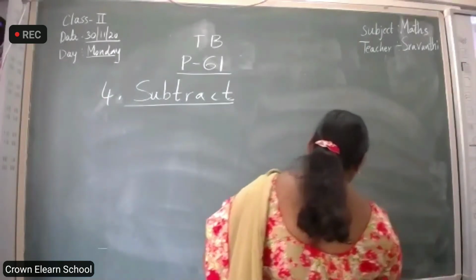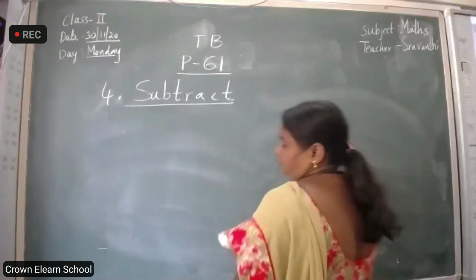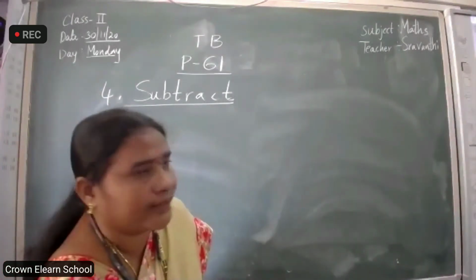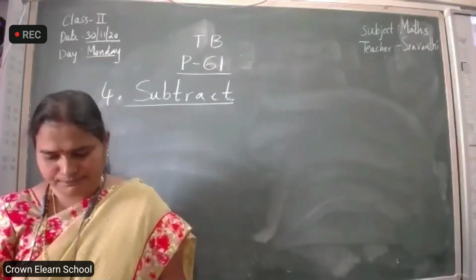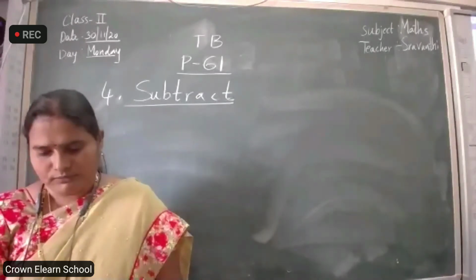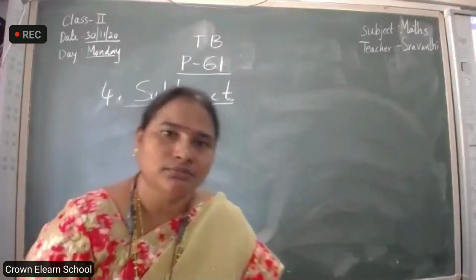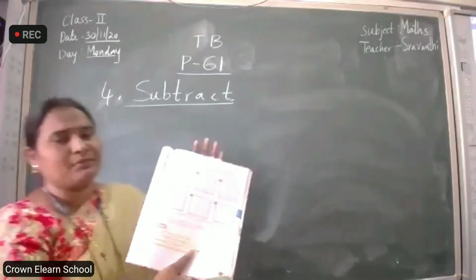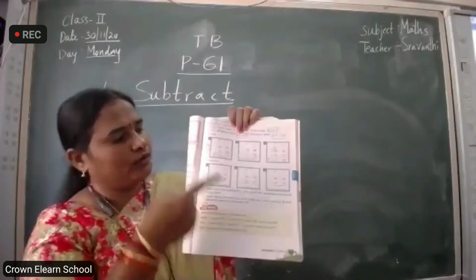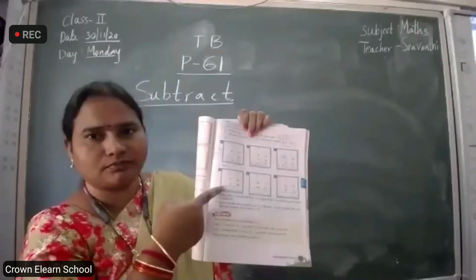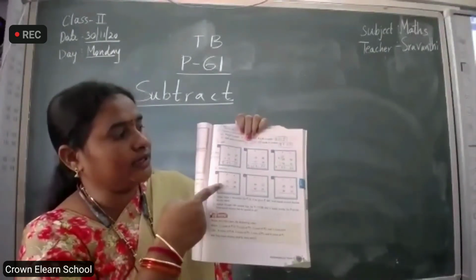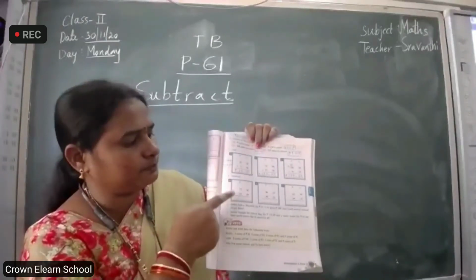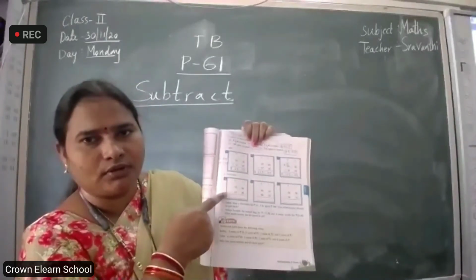Will you try this as homework? 3 sums are there. Will you try this as homework or not? Did you open page number 61? 4th Roman, additions I already made you do. 4th Roman is subtractions.